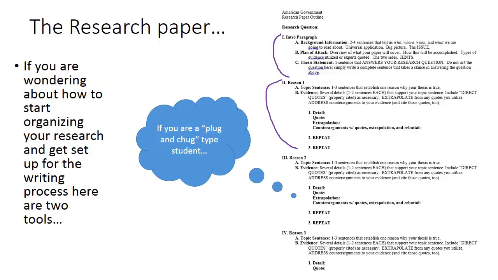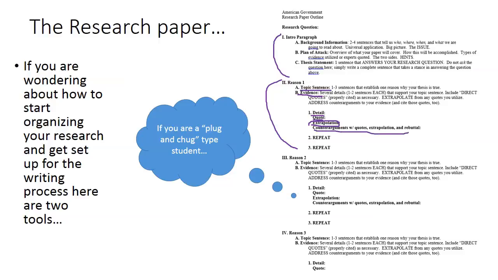It's a longer paper, but you can see here, what we're really talking about is, okay, what's our topic sentence? What's our evidence? And then in our analysis of the evidence, what's the detail or the quote? And then most importantly, what do you say about it? What's the extrapolation?